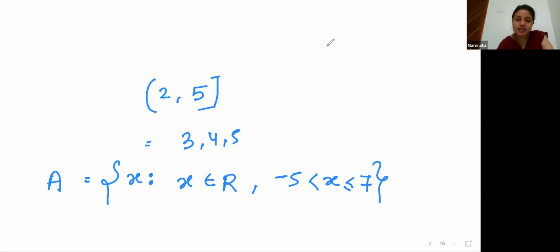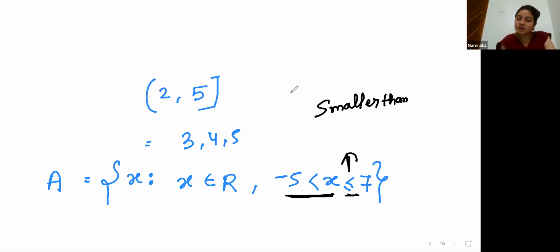If we look at this set closely, x is larger than -5. It is not -5, it has to be greater than -5. So greater than -5 can be -4, -3, -2, -1, 0. And also one more condition is there: x is smaller than or equal to 7. This inequality represents either smaller than or equal to.